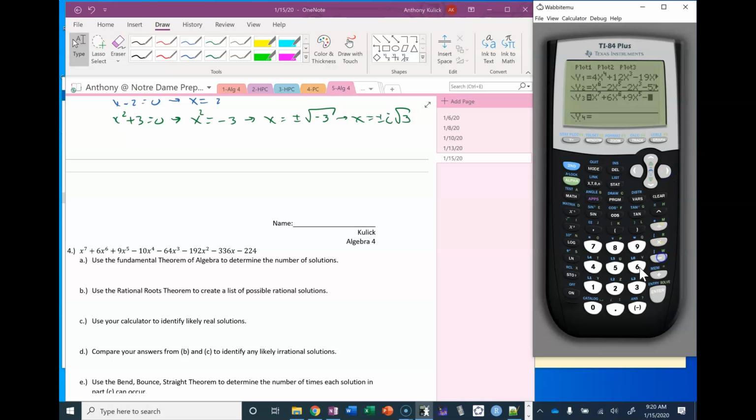The factored form? Yeah. So you have x plus 1 and then the squared after it. You have x minus 2 and then the squared after it. And then you have x squared plus 3.